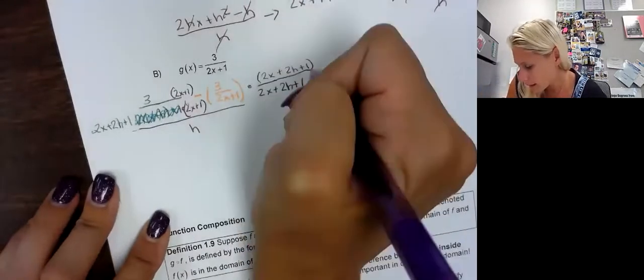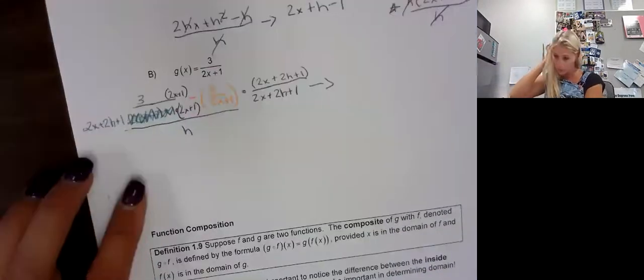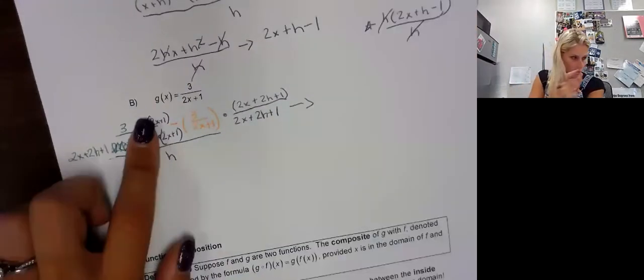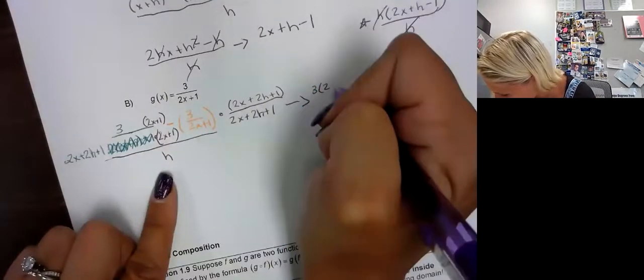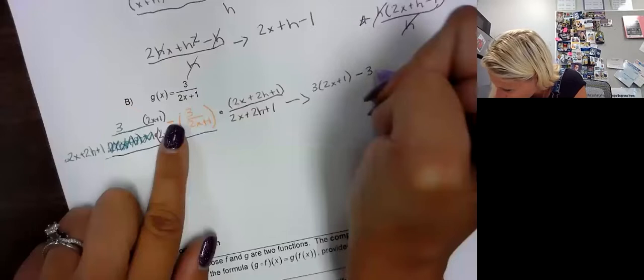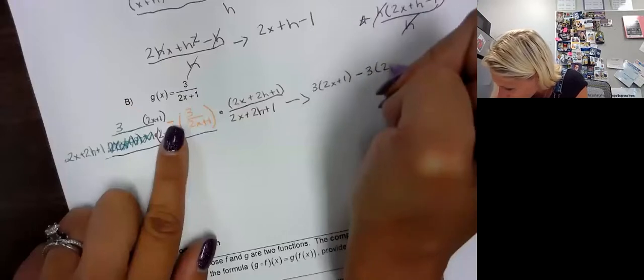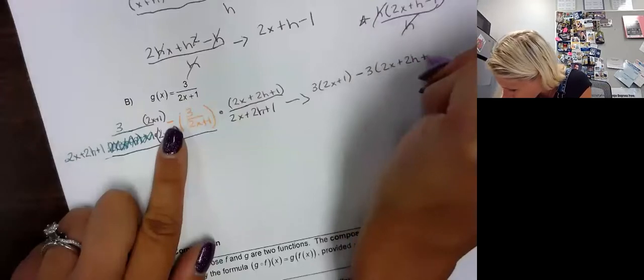Whew, tons of algebra. All right, so I'm going to just write this out as I see it. So on top here, I get 3 times 2x plus 1. And I'm going to subtract 3 times 2x plus 2h plus 1.